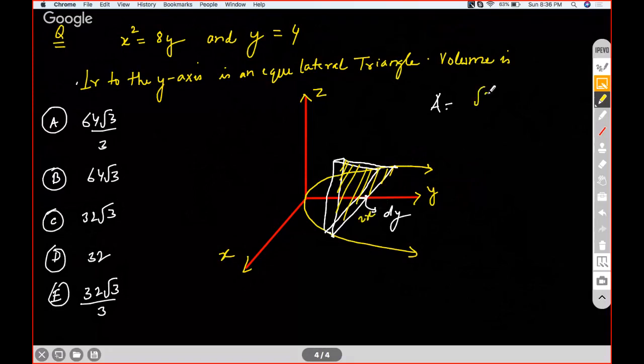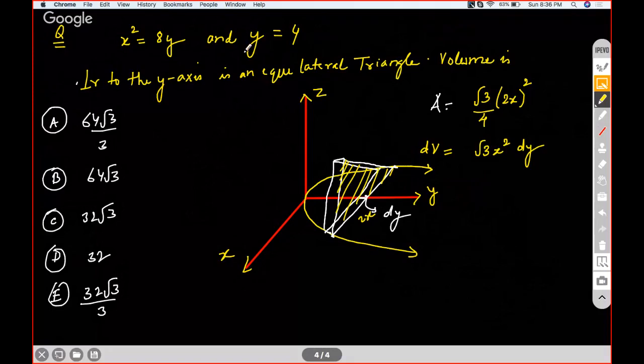The 4 will get cancelled. Absolutely correct, Aditya. So dv would be what, Shreya? So dv will be root 3 x square dy.